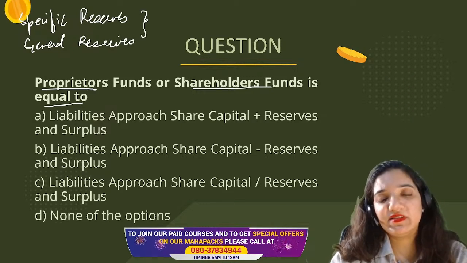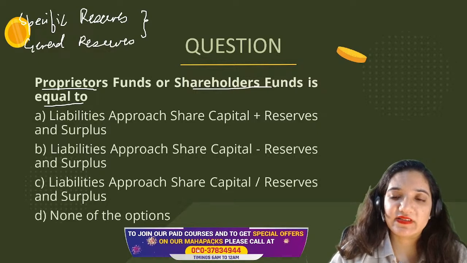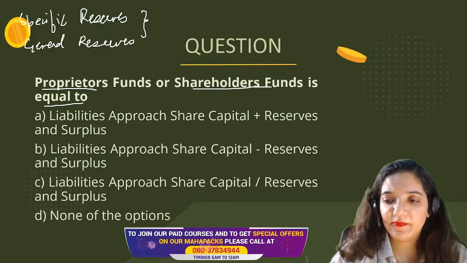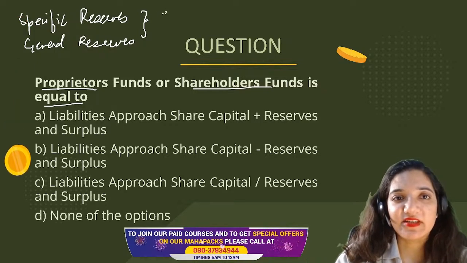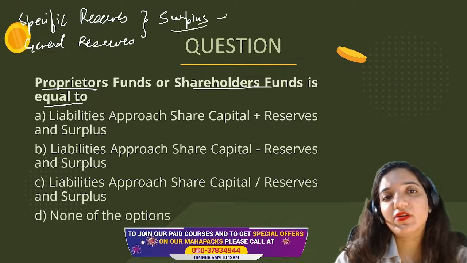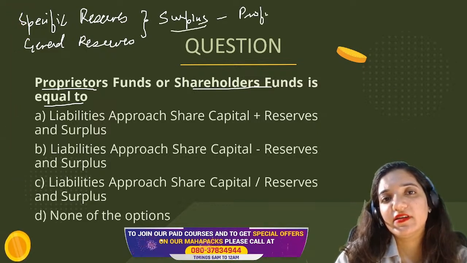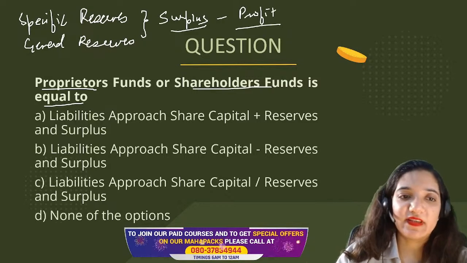General purpose, specific purpose, and there would be one more. General reserve, specific reserve, and this will also include surplus. These are reserves now. It is called reserves and surplus. In the area of surplus, we include our profit. If we make a good amount of profit, that would be called profit there.